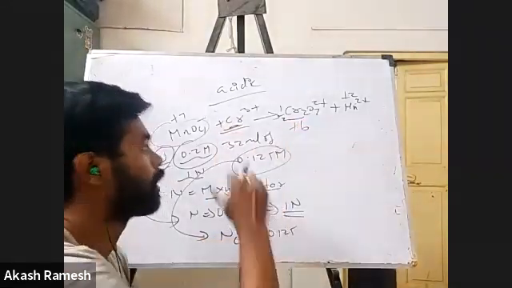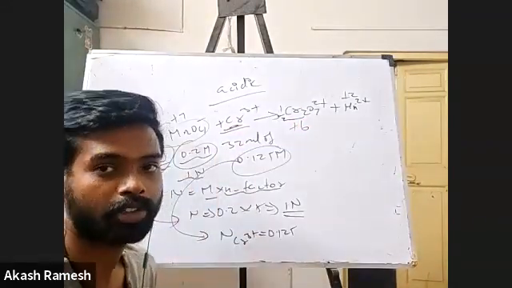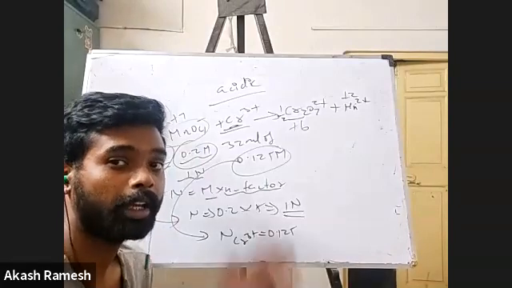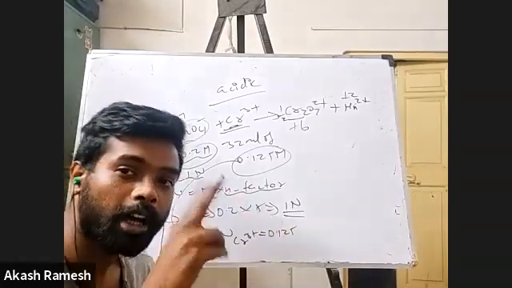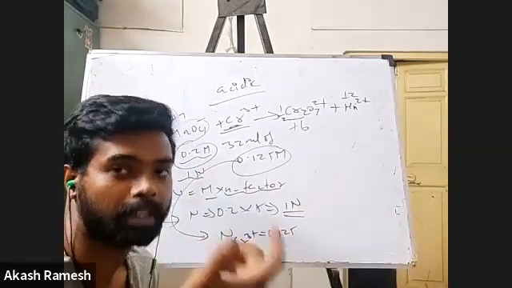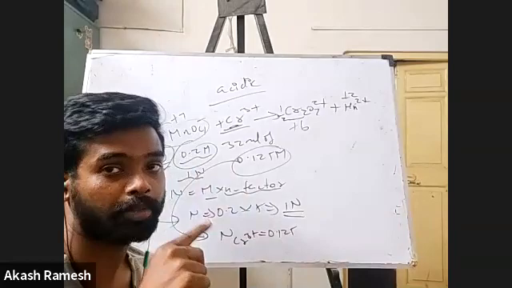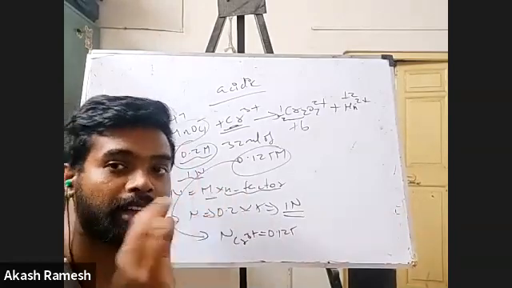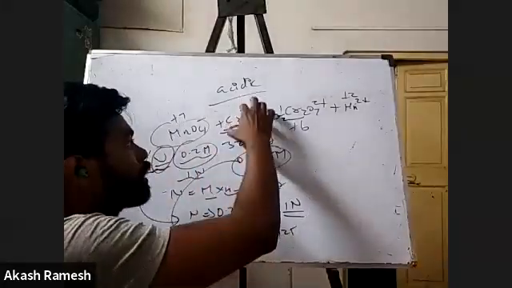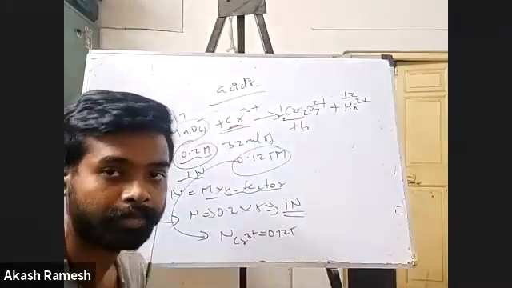Now here I can easily say that 3 electrons are lost. Now if it was the reverse, that is Cr2O7 becoming Cr3 plus, then you have to put 2 Cr3 plus, and at that time the n factor would have become 6. Now in this case the n factor is 3 only, because we are calculating for Cr3 plus.